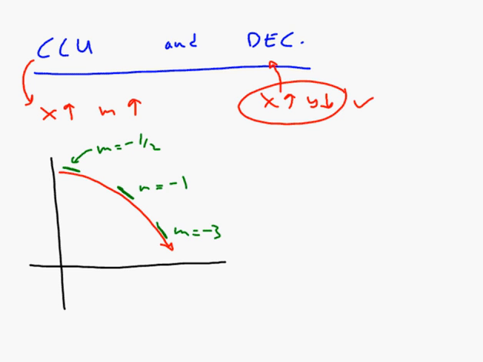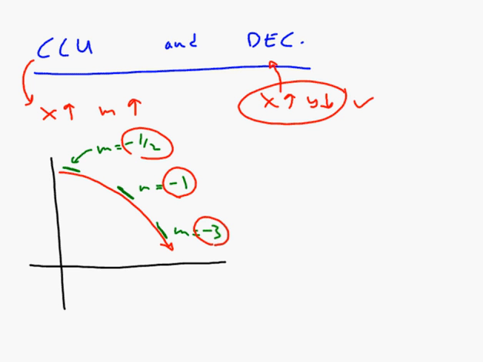Now I ask again, is this thing concave up? And the answer is no. It is not the case that these slopes are getting bigger. They're actually getting smaller, because this number, negative 3, is smaller than these two numbers here.